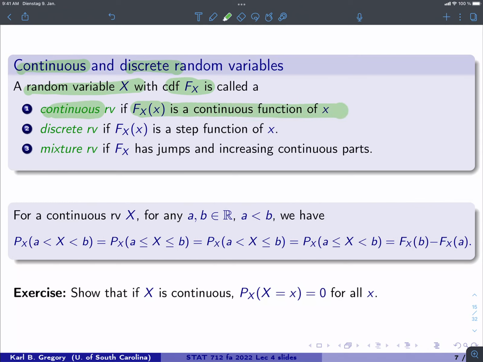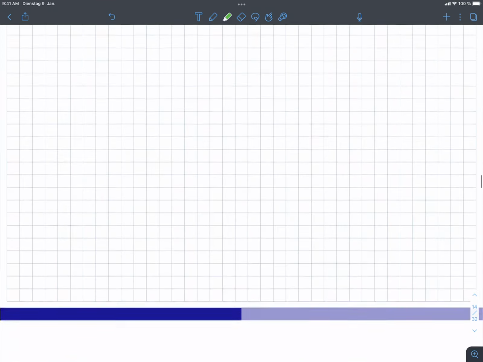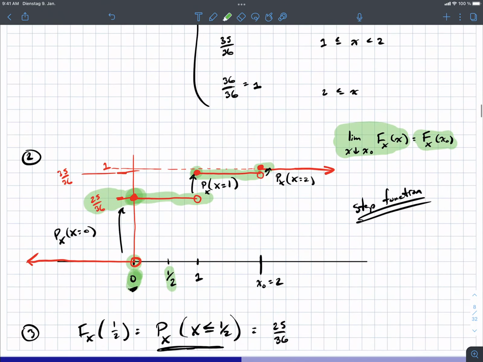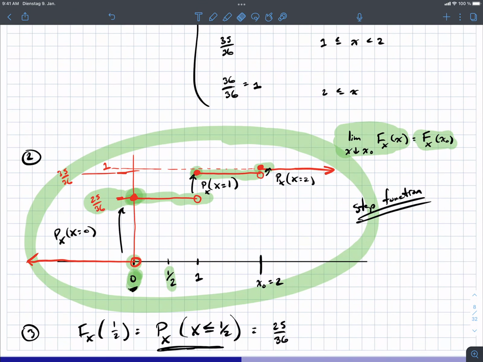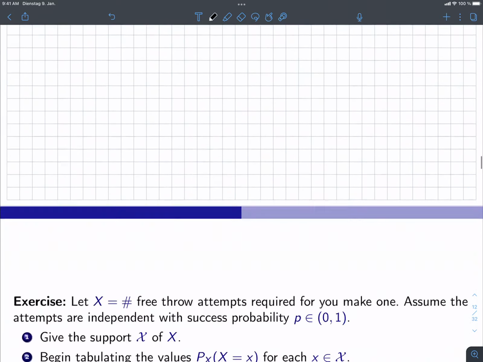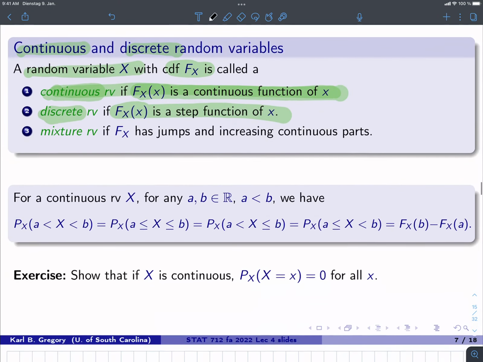So we haven't seen examples of a totally continuous CDF yet, but we will. And we call a random variable discrete if the CDF is a step function. We've seen that already. So this up here, this is a step function. So this means X is a discrete random variable. And if we had a continuous CDF, we would call the random variable a continuous random variable.